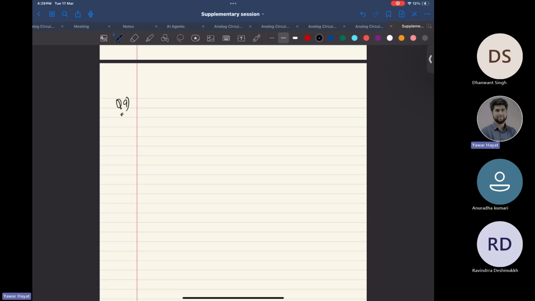Let me draw a circuit. It's actually a biasing for a BJT, and you need to find the value of the collector current IC, assuming that VBE, the base emitter voltage, is 0.7 volts.